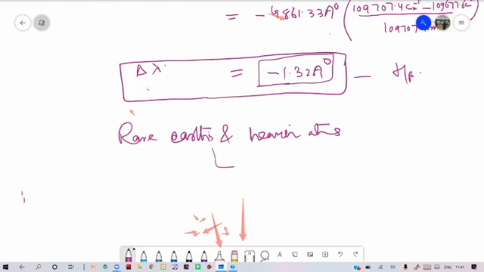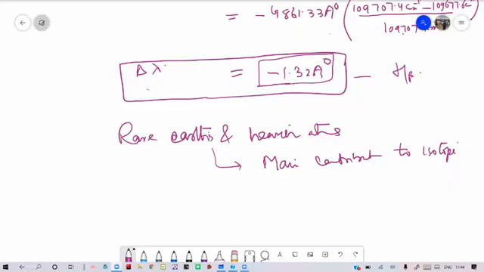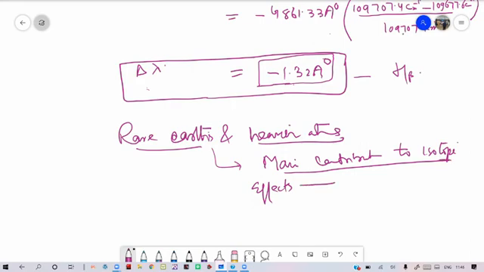The main contribution to isotope effects in the case of these rare earths and heavier atoms, because hydrogen is a lighter atom with one electron, and deuterium has 2 protons. So in these cases, these isotope effects actually arise.